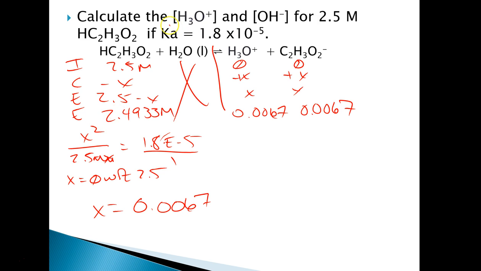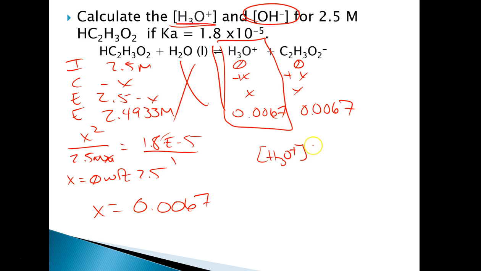So they wanted to find the H3O plus. Here it is. I have found the H3O plus. They also want me to find the OH minus. Okay, so now remember back. When we were doing that chart with pH on it, all I have to do is give you one of the values and ask you to find everything else. And if you remember, H3O plus times OH minus equals 1e negative 14.